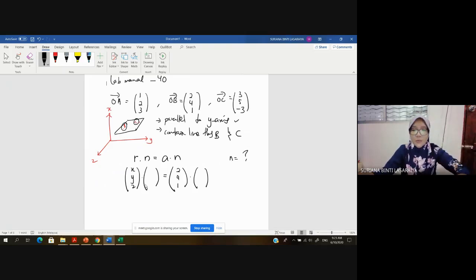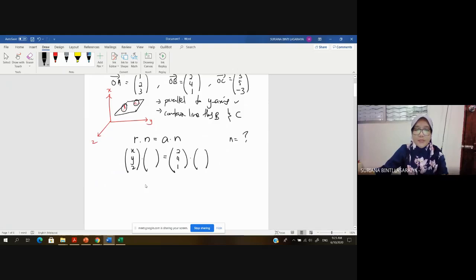Daripada vector last week, how you find N? N itu adalah cross product of two vector kan? Boleh? Cross product of two vectors. Boleh understand kah? Kamu okey juga?